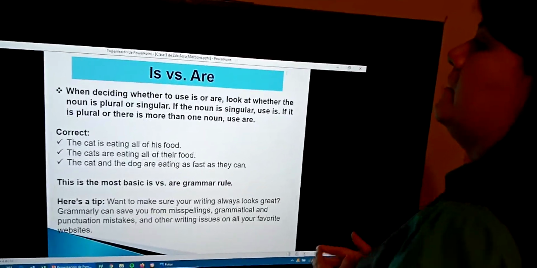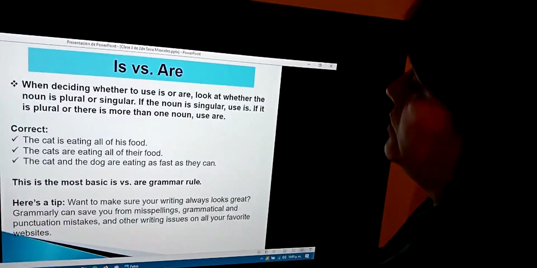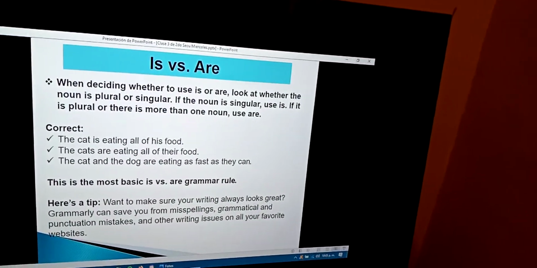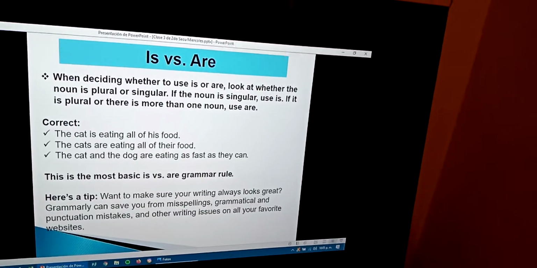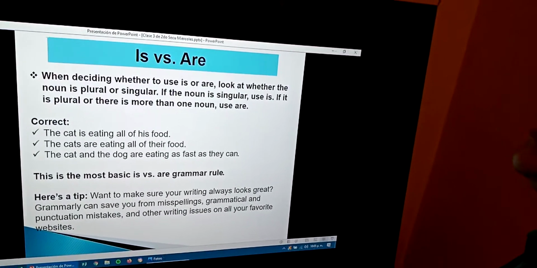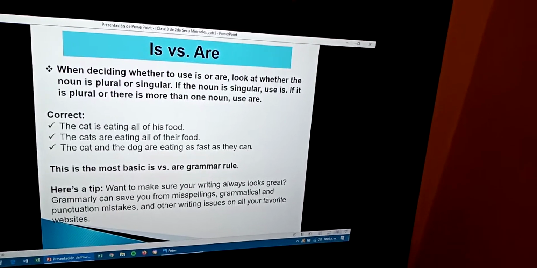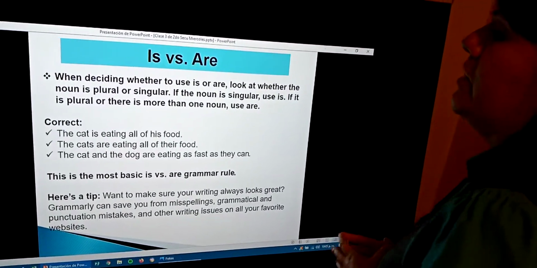Look at whether the noun is plural or singular. If the noun is singular, use is. If it is plural or there is more than one noun, use are.